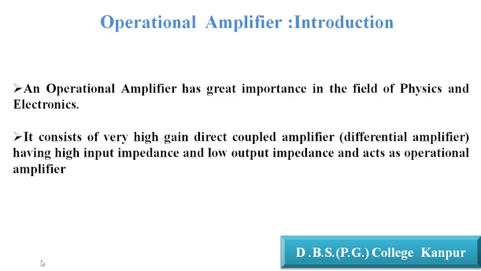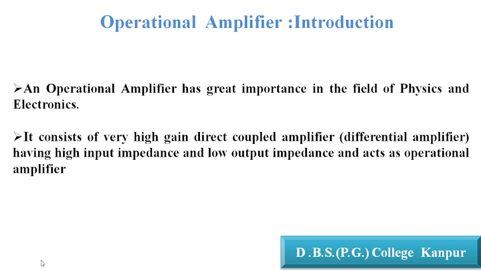Now, its internal structure. We know a very well-known amplifier, the common emitter amplifier. Common emitter amplifier is a subject of basic electronics, where we discuss the common emitter amplifier, common collector amplifier and common base amplifier.